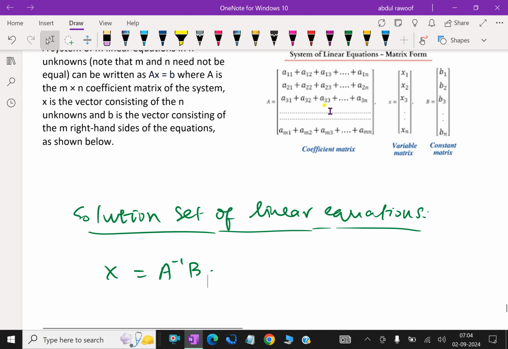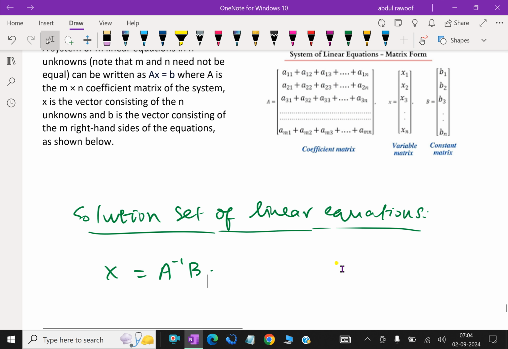Then to find the values of the X matrix, we have to find the inverse of this square system matrix A and multiply it with the B matrix. We can get the values of the X matrix.